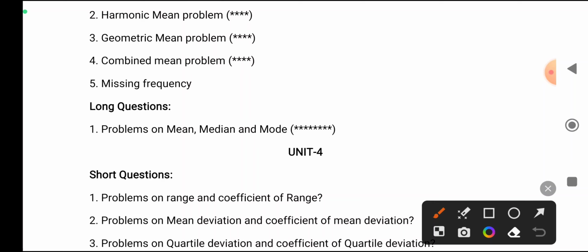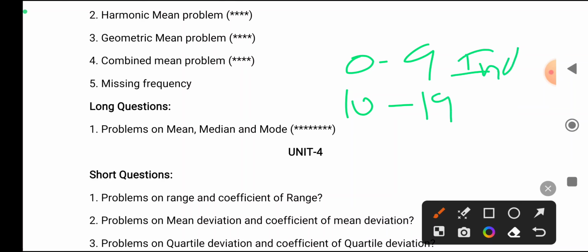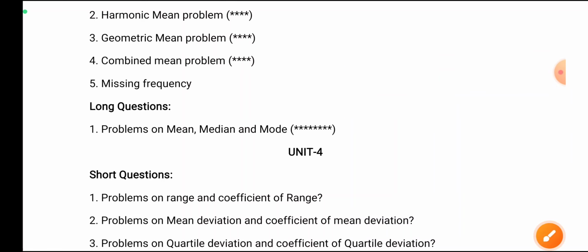Sometimes you may get inclusive and exclusive series. Sometimes 0 to 9, then 10 to 19, like this it will be given. It is an inclusive series, we need to convert it into exclusive. So please be careful with the data given.